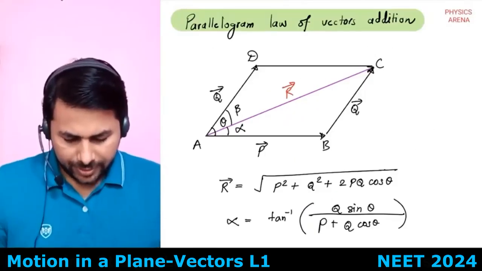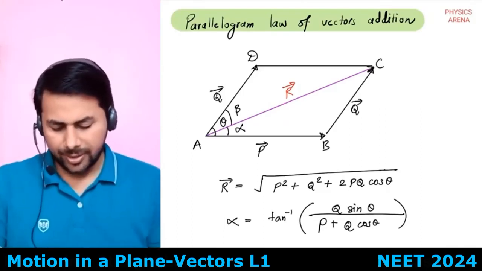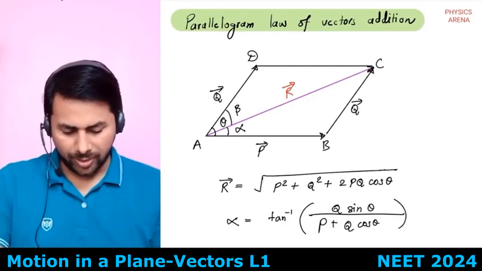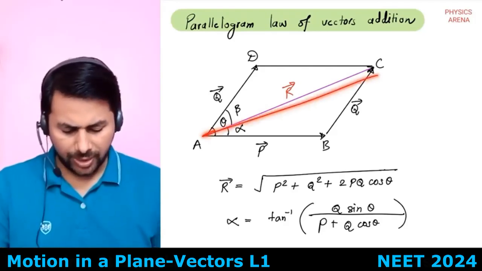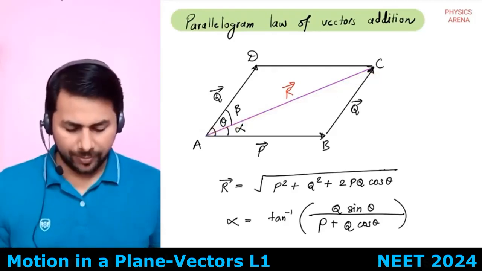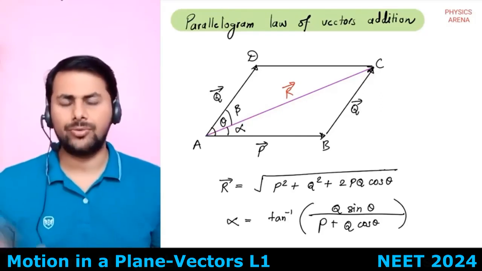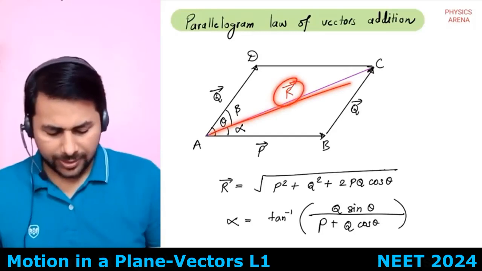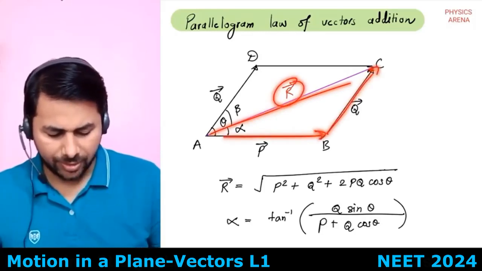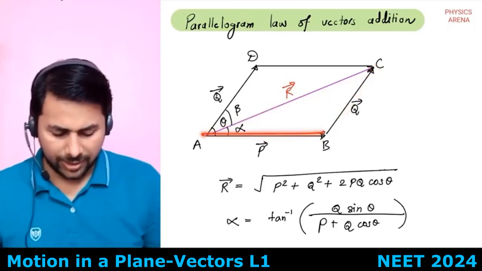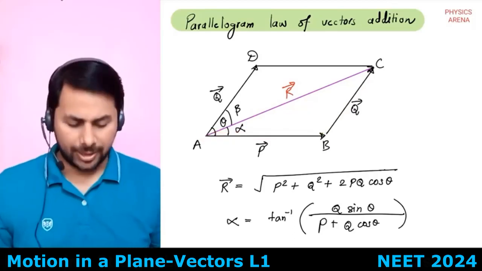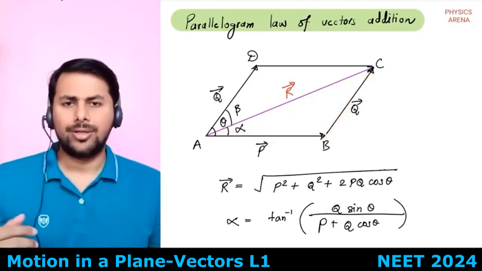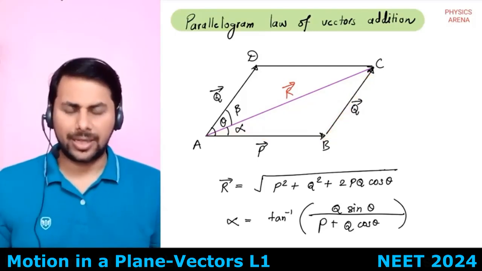All right, then let us see the next topic, the parallelogram law of vectors addition. So what is the parallelogram law of vectors addition? You have some vector r bar and you resolve it in two vectors. Suppose r bar is the resultant of addition of p bar and q bar. We saw how we can add p bar and q bar using the triangle law of vectors addition.